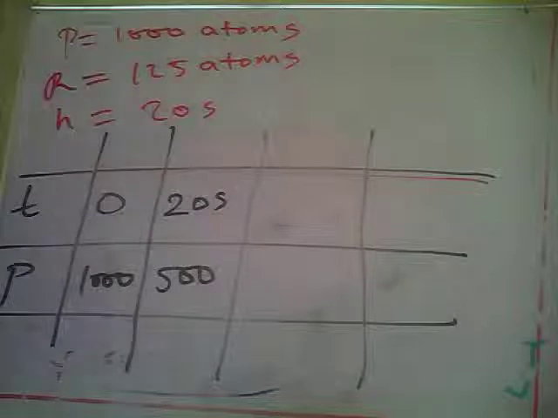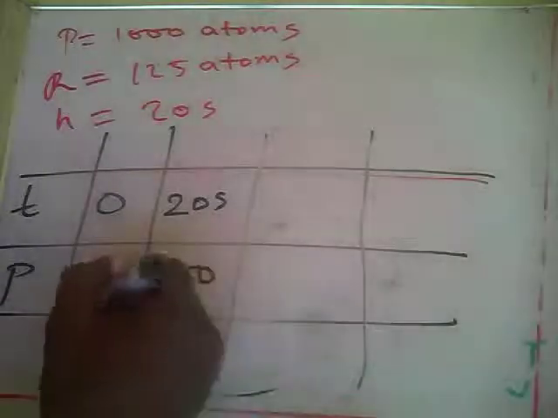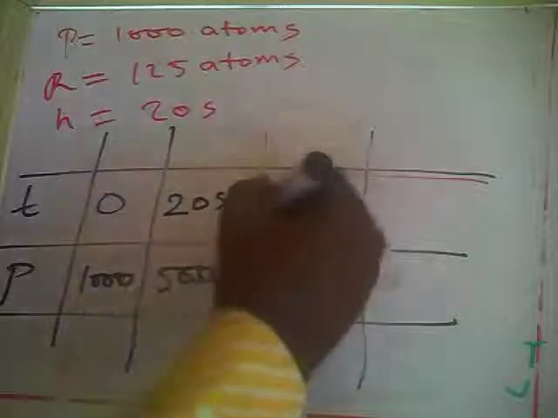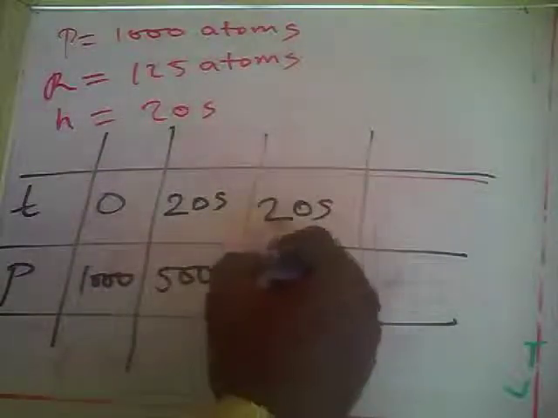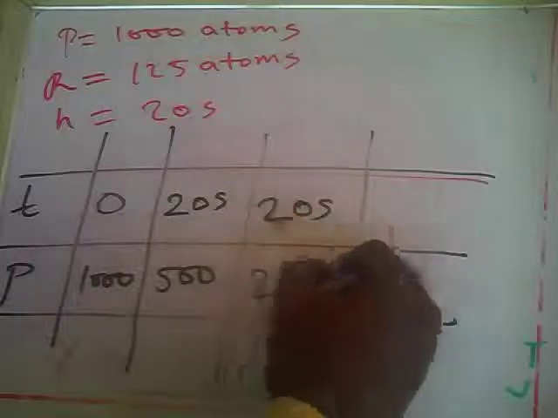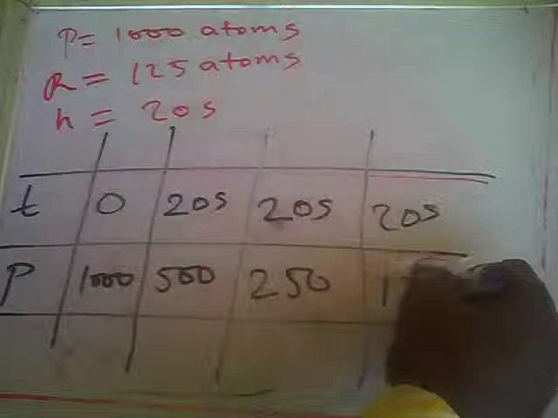Half-life is the time taken for exactly half of a particle to decay. So half of 1,000 decays, so we have 500. After another 20 seconds, this 500 decays to half, so it becomes 250. After another 20 seconds, this 250 decays to 125.